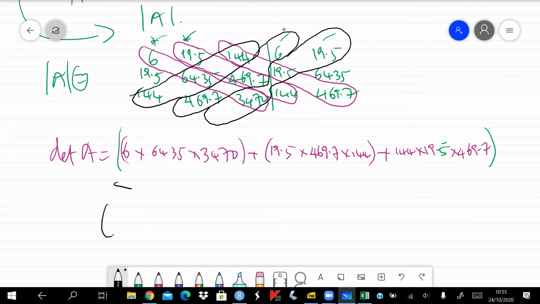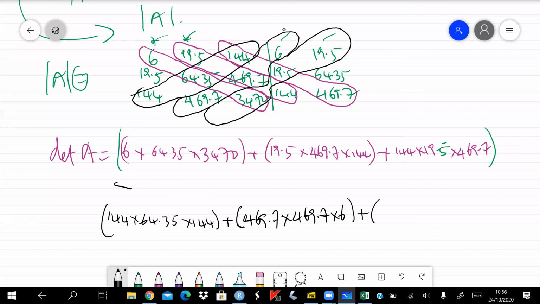So this will be 144 times 64.35 times another 144 plus 469.7 times another 469.7 times a 6 plus that 470 times 19.5 times 19.5 like that.